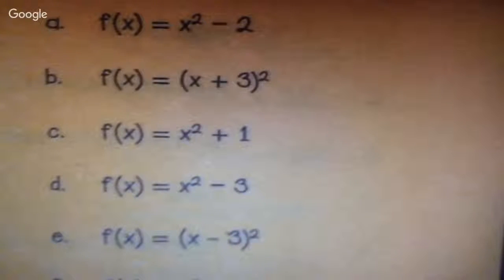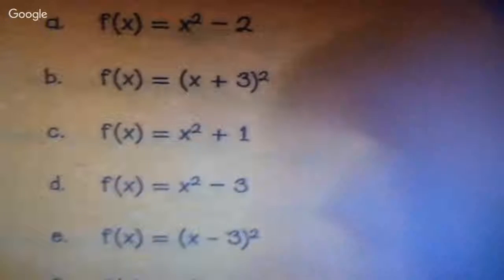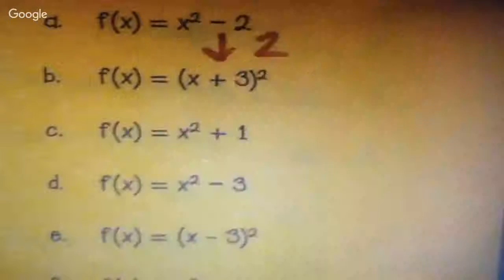All right. Take a look at A. How is the equation A moving? X squared minus 2. Think about where your negative 2 is going and which way it moves. Down 2. This one moves down by 2.